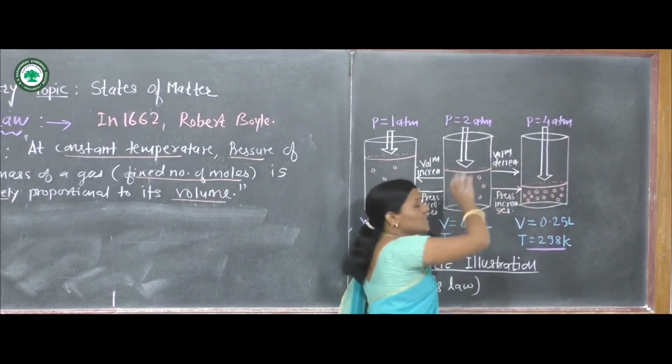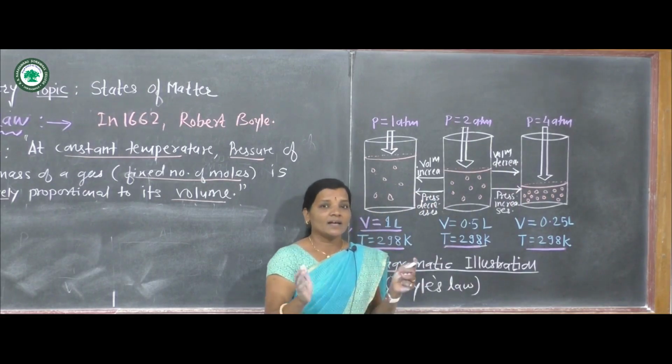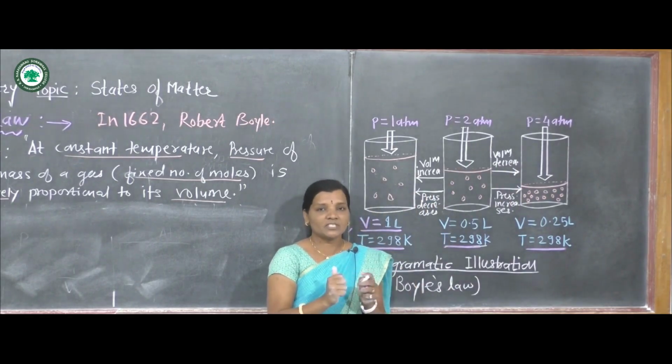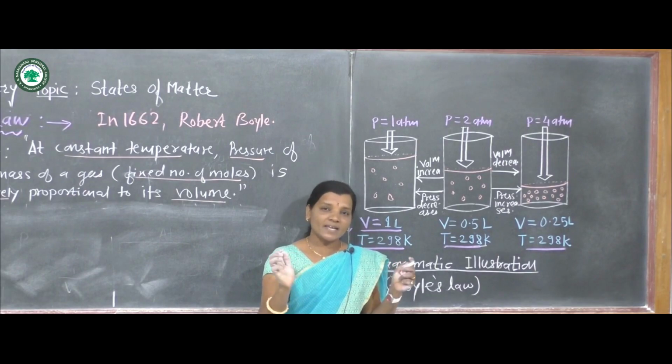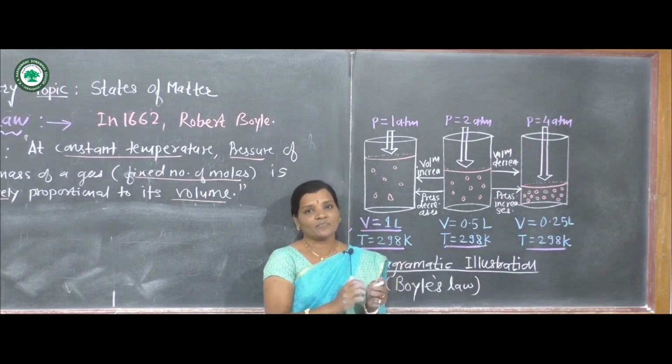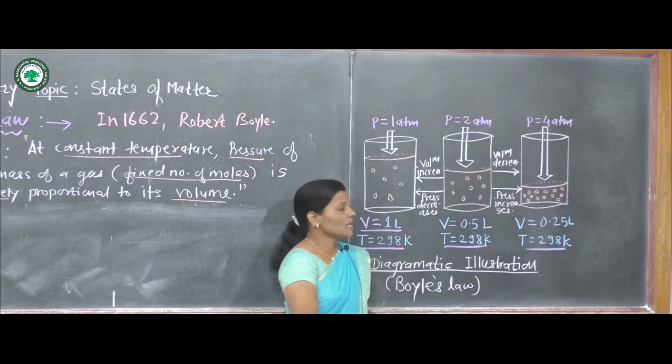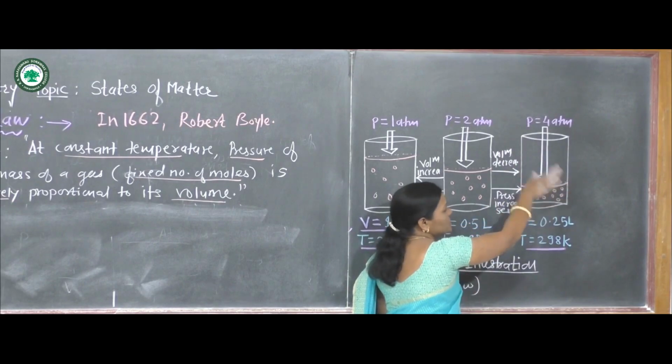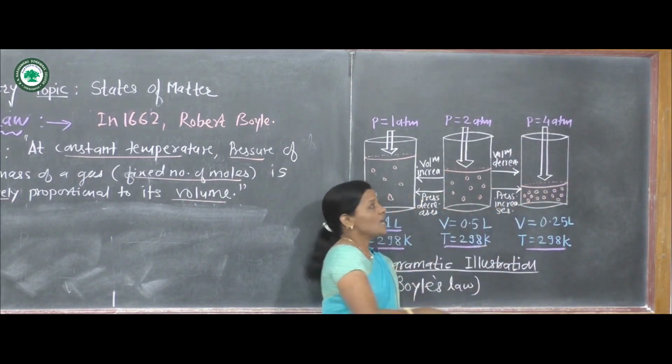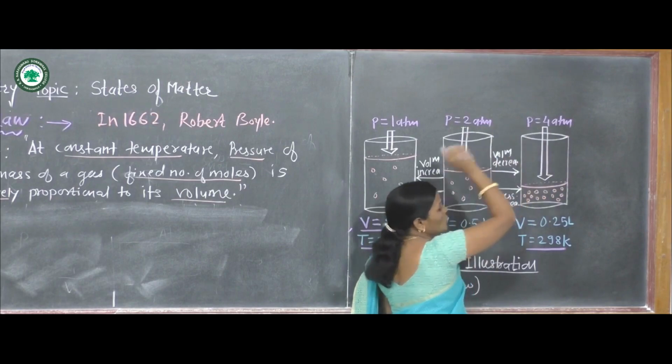As pressure increases, attractive forces between gaseous particles increase and they come closer to each other, and hence volume of this system decreases with respect to the amount of pressure.